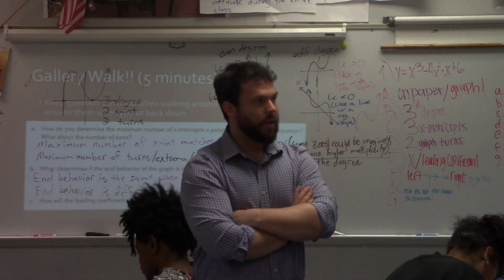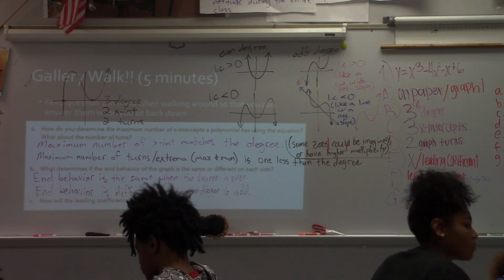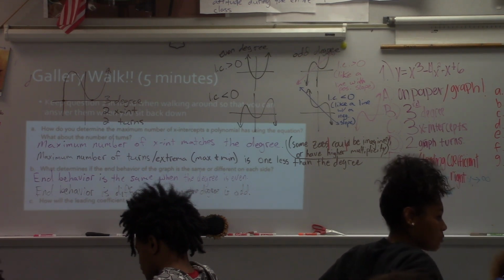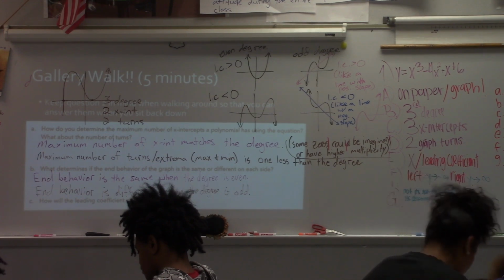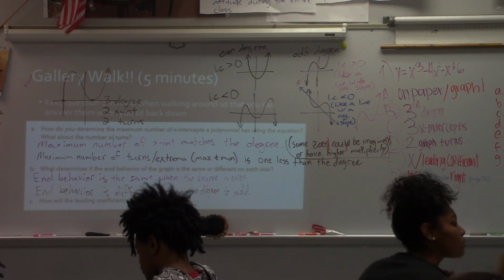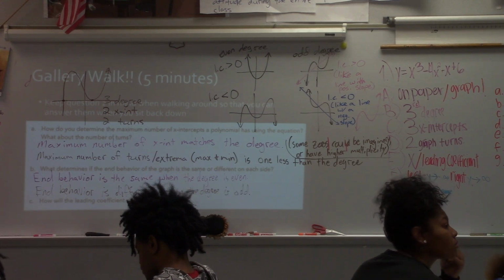So when I did this for group 7 over here with this function, I knew what my end behavior would be simply because what type of degree is it? Odd. What type of leading coefficient is it? Positive. So I don't know exactly what this graph looks like.